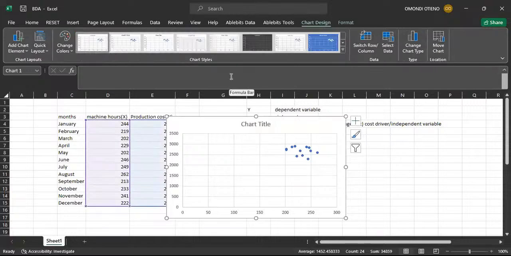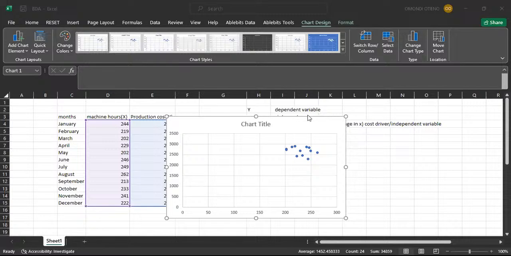So if you look at what we have here, let me just have this trend, show the trend line.